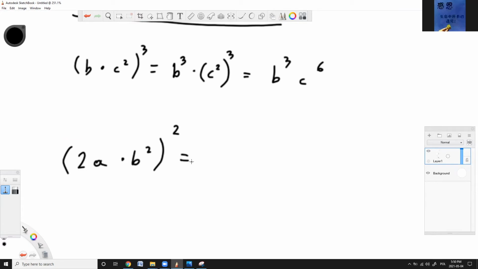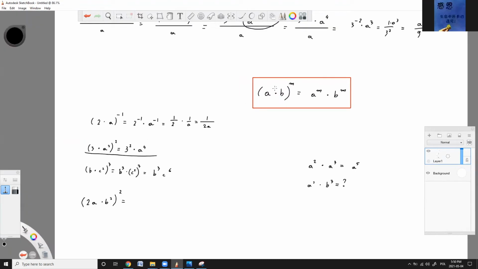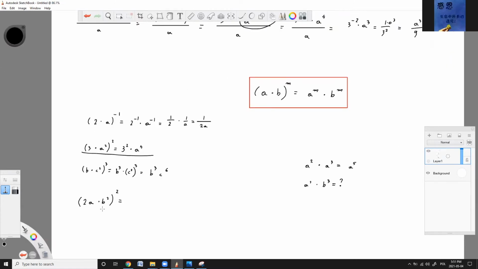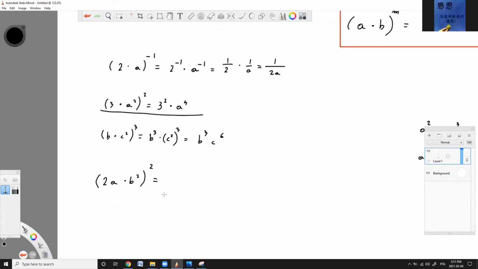Wait a sec. Apply the rule. Apply the law here. Each term should be squared. So 2a to the power of 2 times b to the power of 4.